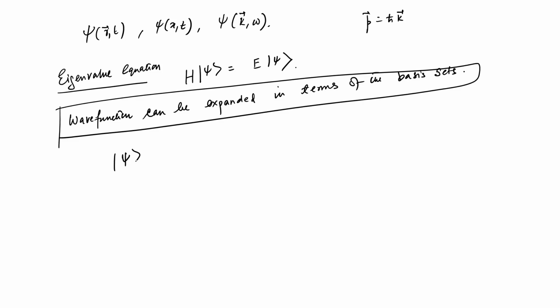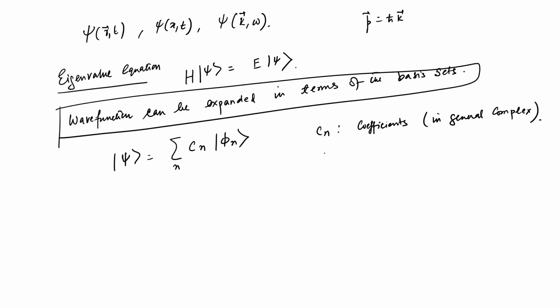So, that is written as, the wave function is really written as the sum of C n phi n, where the C n's are the coefficients of this expansion and in general complex, and the phi n's are the basis sets.